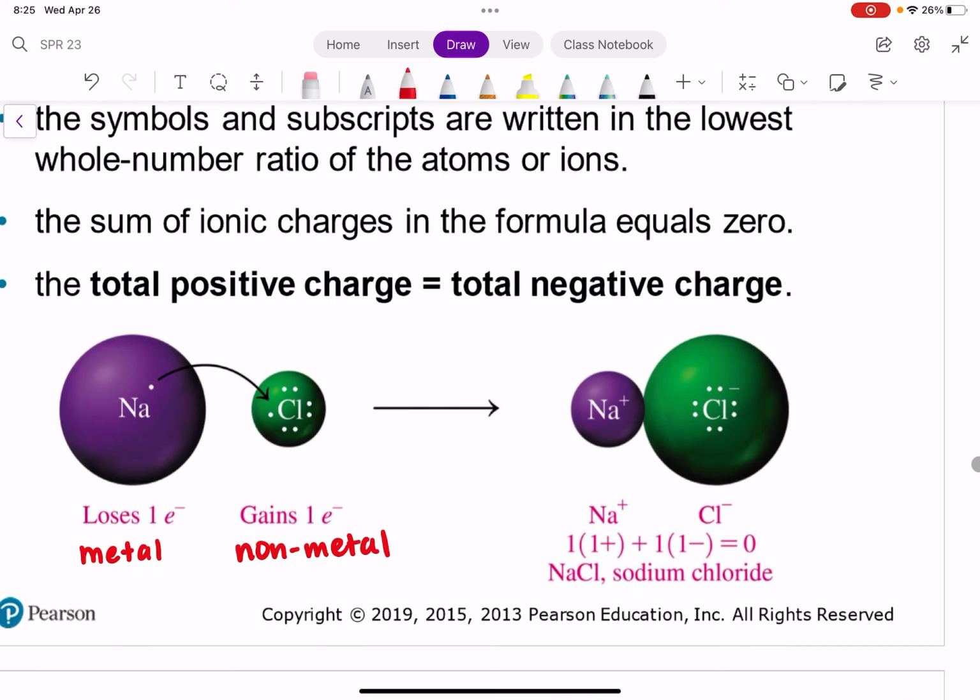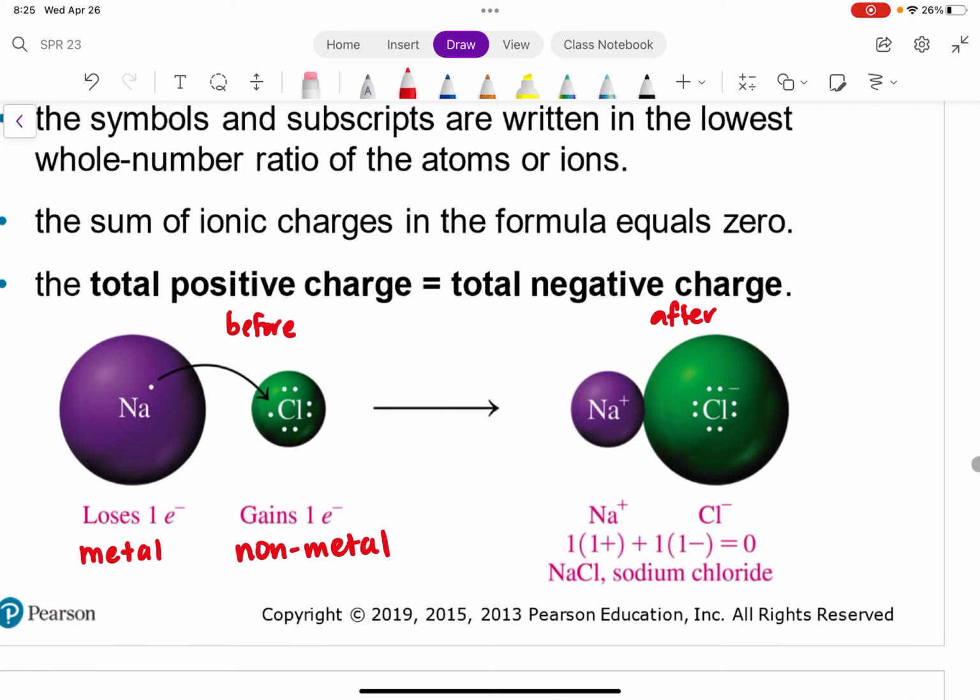So it's going to lose that electron. Remember, we represent our electrons as dots. Why do we only have 1 on sodium? Well, sodium's in group 1A, so it has 1 valence electron. Why do we have 7 on this chlorine? Yeah, because chlorine's in group 7A. So we're representing those valence electrons. Okay, so this is before the bond, and this is after.